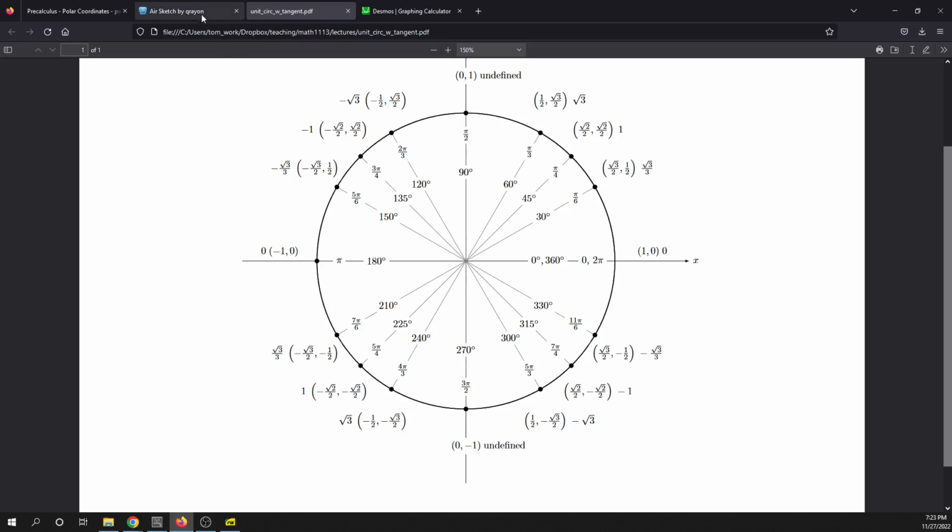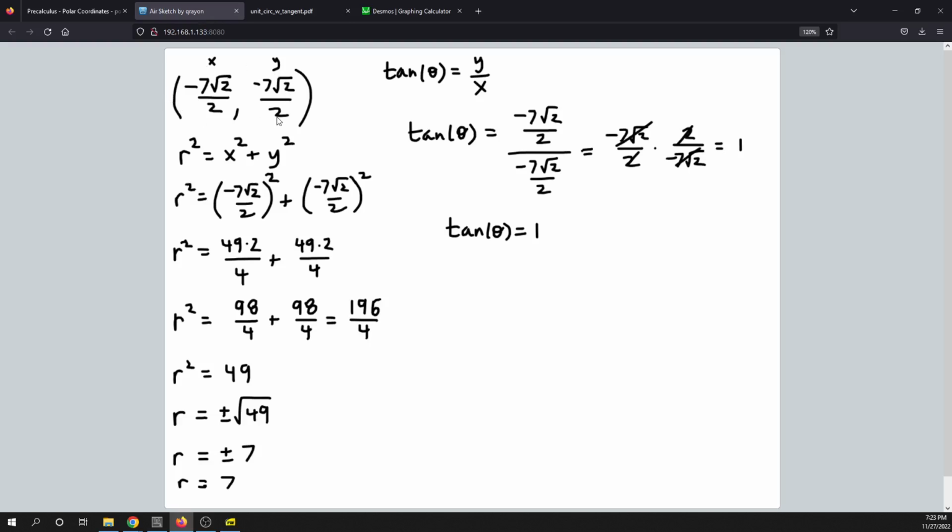To choose which one it is, you have to take this original point into account, all right? So to me, it helps to draw a little picture of the situation. It doesn't have to be exact, but it's going to tell you which value for theta we're going to need, right? If I just draw where this point would be in the rectangular coordinate system, with x and y right here, I see x is negative, so for the value for x, I would go to the left, right?